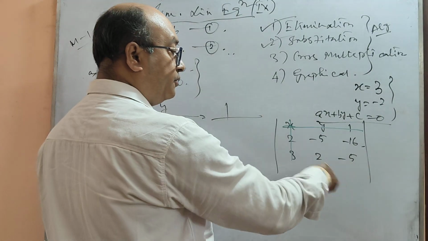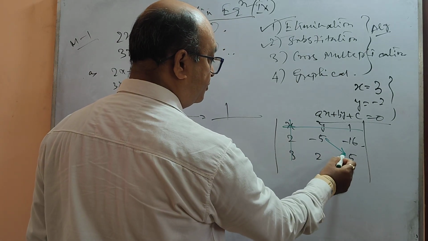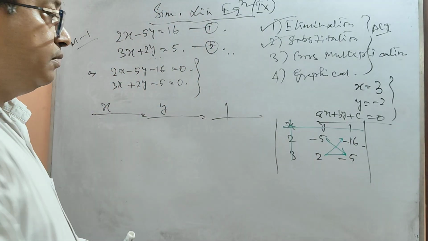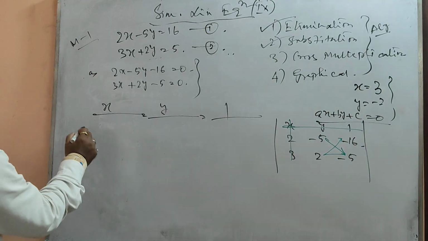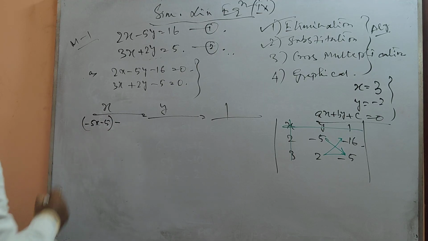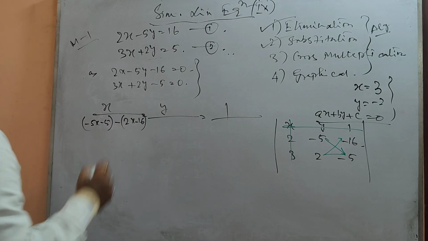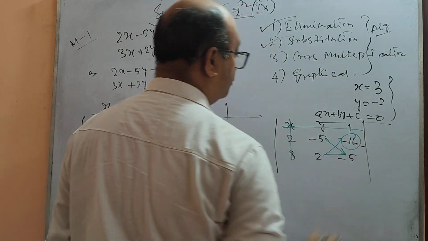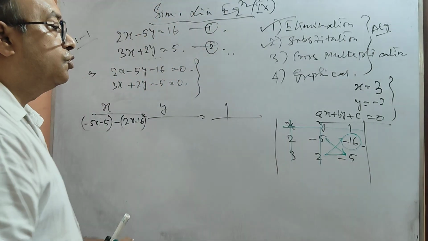I have to understand the orientation, this minus 5 into minus 5 again, the orientation will rotate clockwise. So under x what will come? Minus 5 into minus 5 minus 2 into minus 16. Now we have ended there.